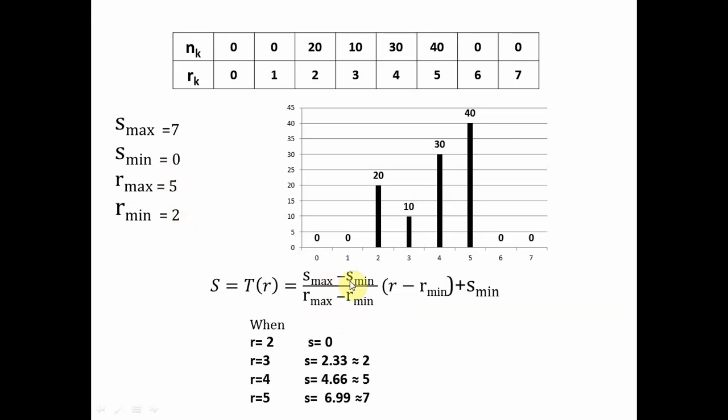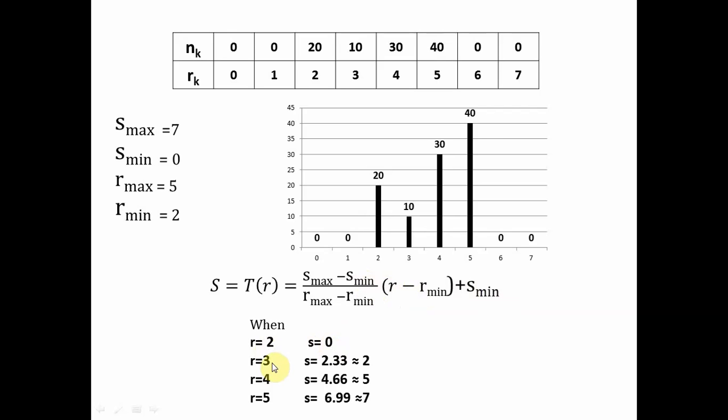So 7 by 3, that is 2.33 something, multiplied by r, which is the first gray level, that is 2, minus r minimum 2. 2 minus 2 is 0, 0 multiplied by 2.33 is 0, plus s minimum 0, so 0 plus 0 will be 0. So when r is equal to 2, s is equal to 0.